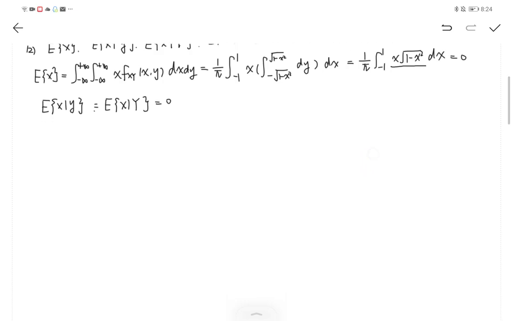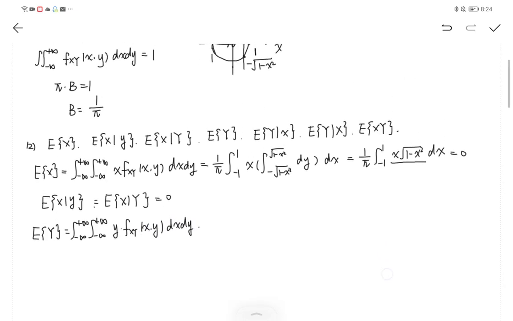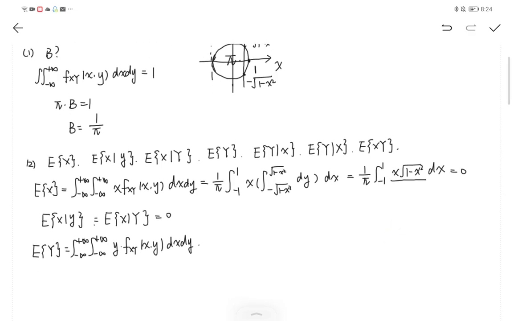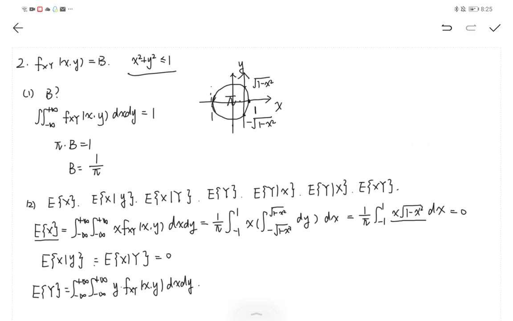And now we can calculate the expectation of y. It should be the integral of y multiplied by f(x, y). It is the same as the expectation of x, but we only change the direction like this.